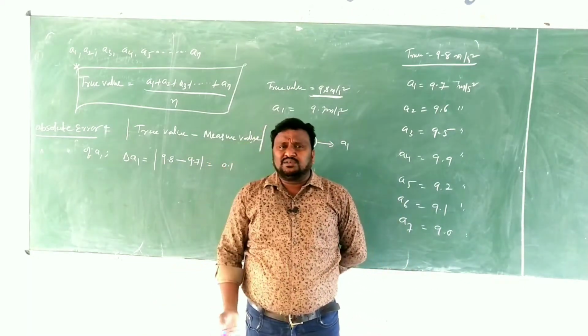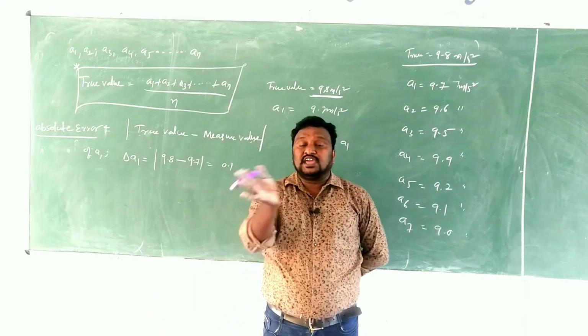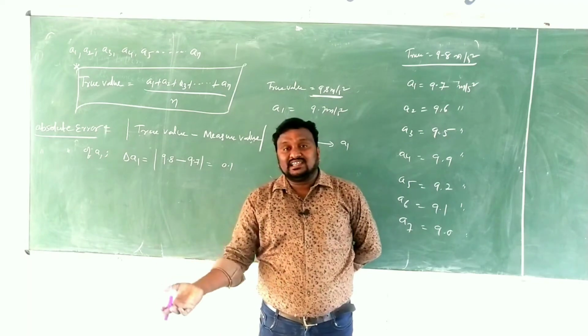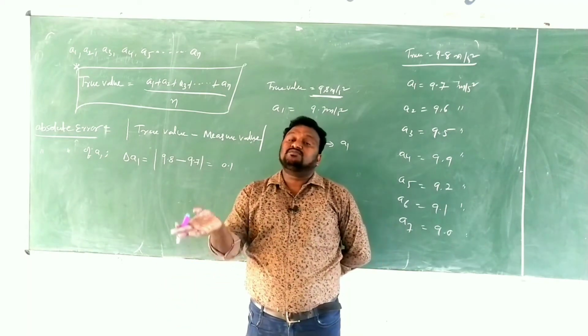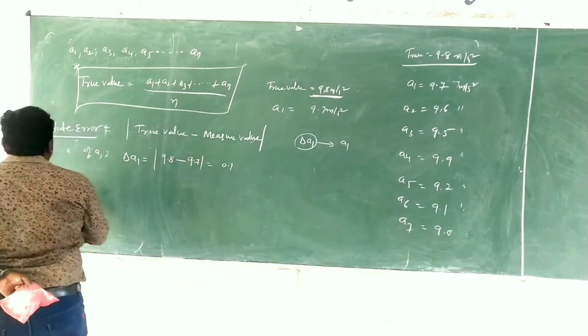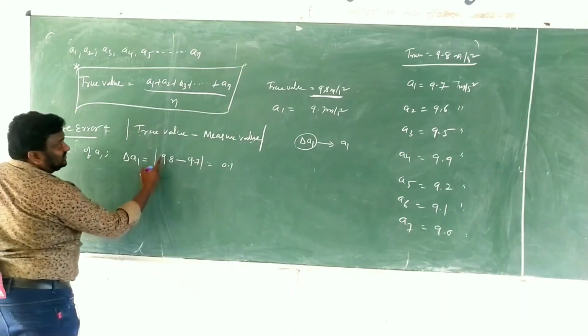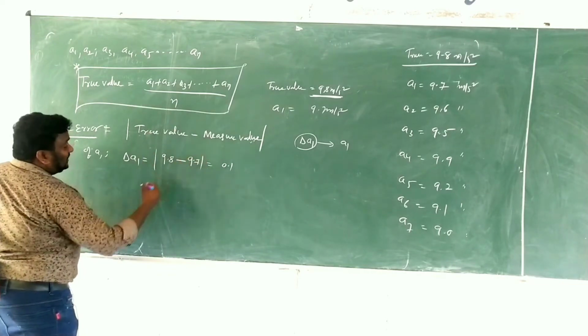Then what about delta A2? Delta A2 is the absolute error of A2. And delta A3, absolute error of A3, like that. So here absolute error of A1, delta A1, is equal to true value minus measured value.